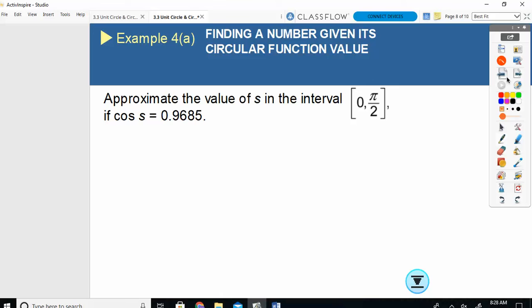What does that tell me if you're between 0 and pi over 2? If cosine of S is equal to 0.9685. Do we know when cosine equals 0.9685? No, so we have to use our calculator. You guys remember, if you want to get the cosine to the other side, what do you have to type in?